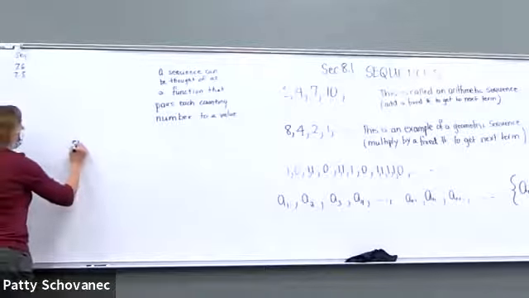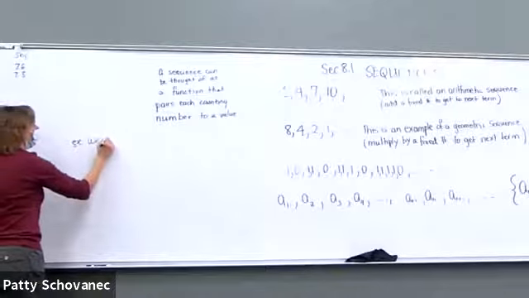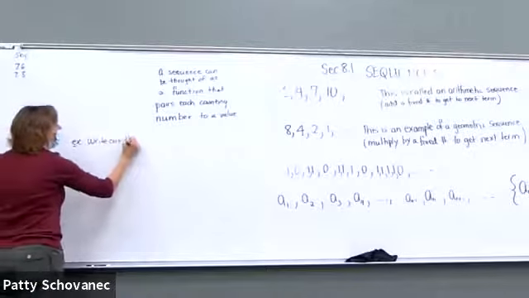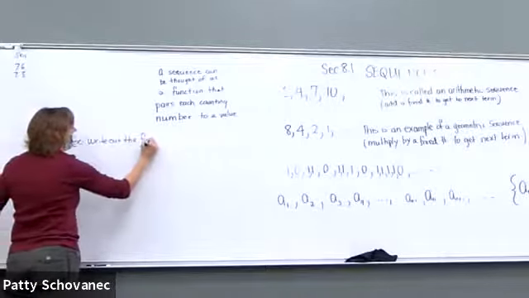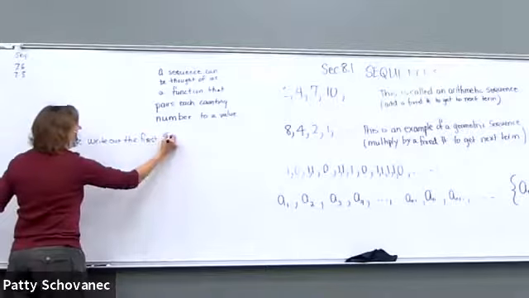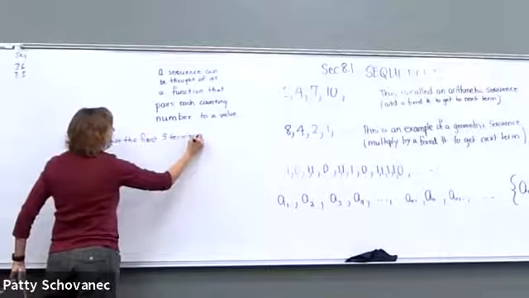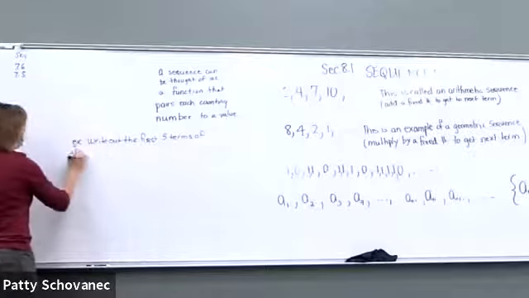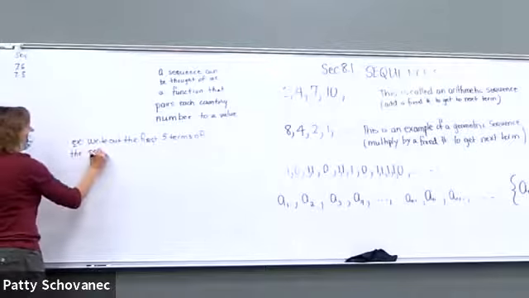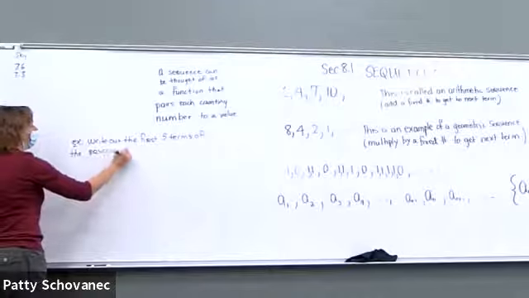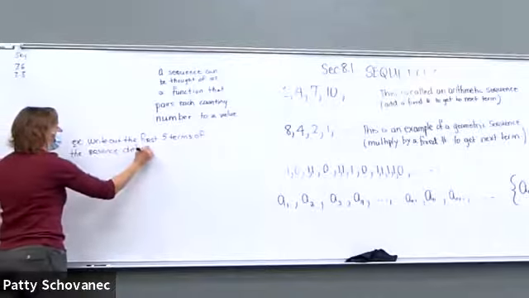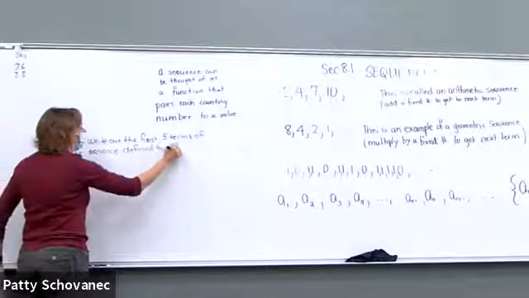So let's see, I want you to write out the first 5 terms of the sequence defined by the general formula.